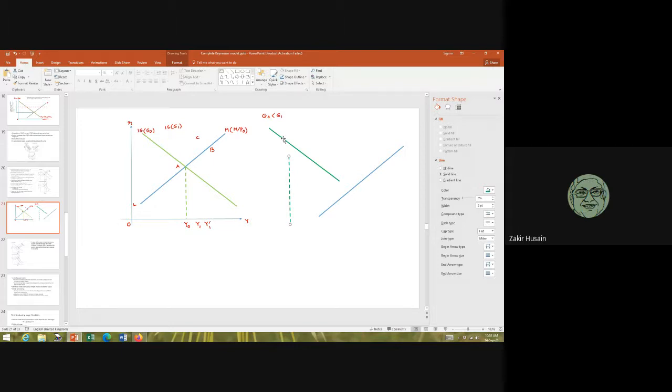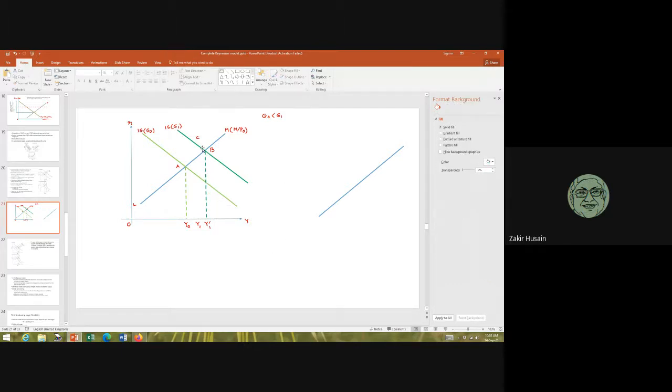Now suppose that there's an increased government spending, and the increased government spending will shift the IS curve rightwards. So now the equilibrium in the ISLM model occurs at B. So we shift from A to B, the output increases from Y0 to Y prime 1.